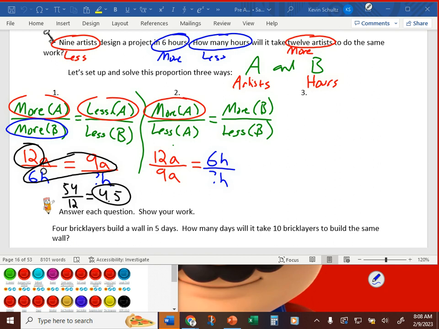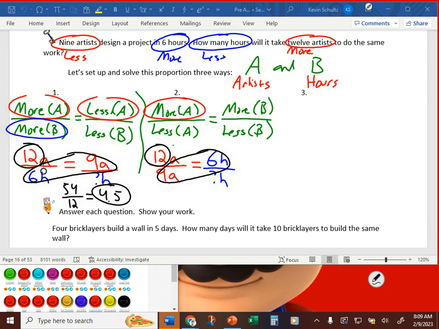Yeah, the reason why these two methods for setting up the proportions work is because the multiplication that we do is the same. 6 times 9 divided by 12. The only difference between these two proportions, notice our 12 in the same spot. Our variable, what we're solving for, in the same spot. Really, all we've done is we've switched our 9 and our 6.